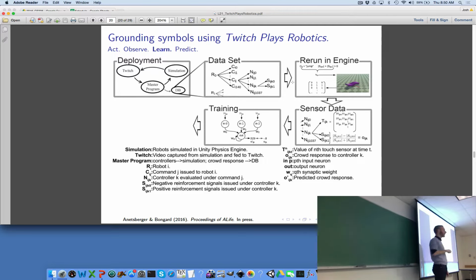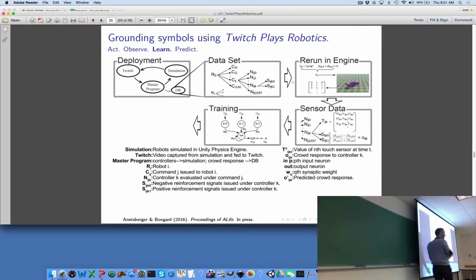O was actually, what does this say here? Oh, minus 0.8. I'm sorry, I forgot that we're normalizing O. So a negative O means more of the crowd thought the robot was disobeying the command. A positive number means that the crowd is tending to think that the robot is obeying the command.